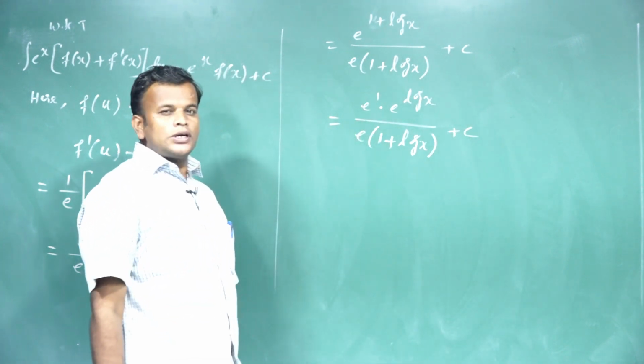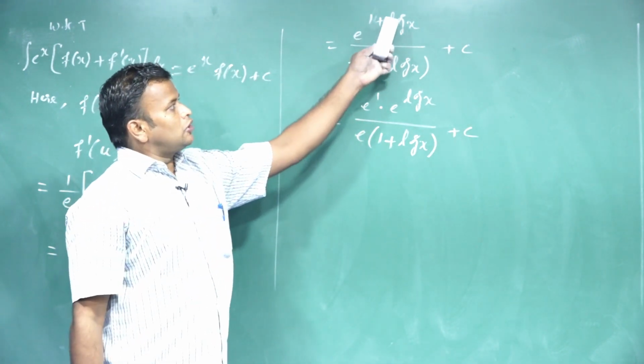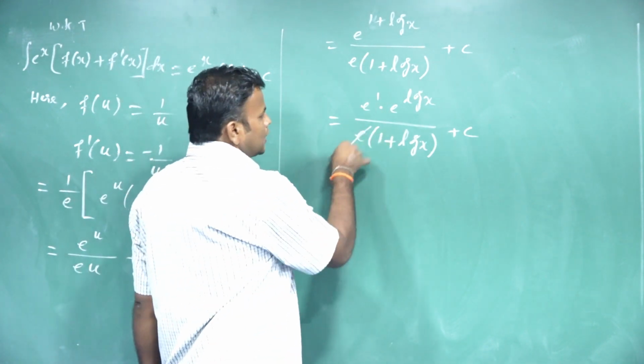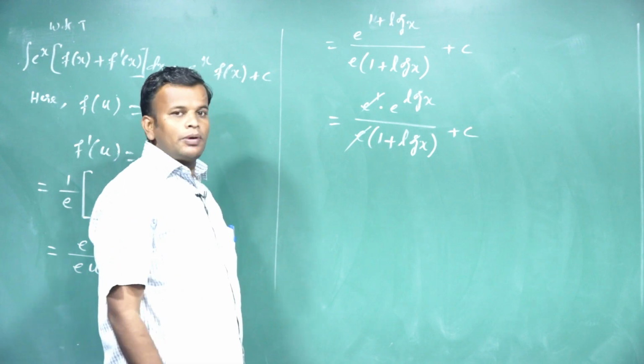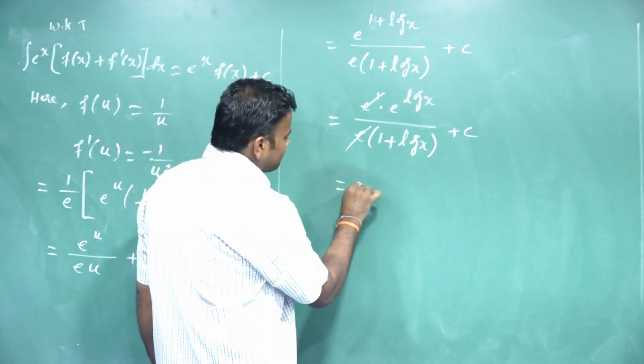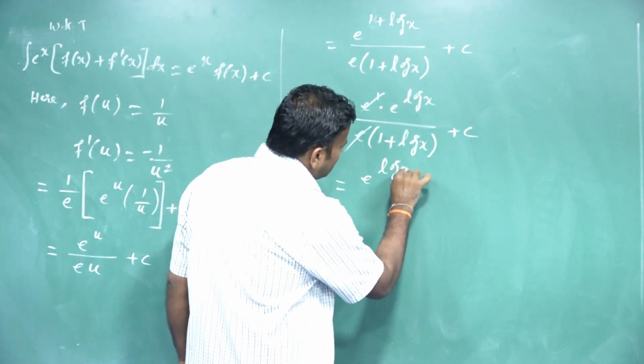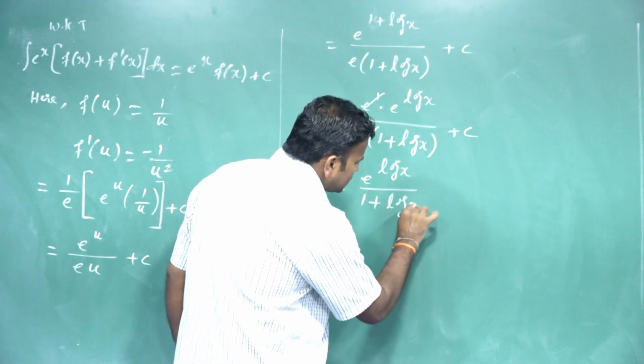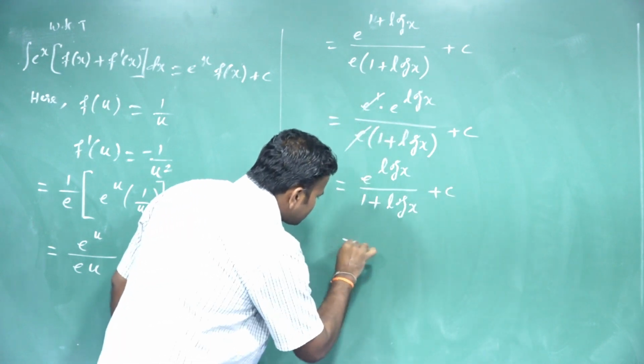What is the reason to split the numerator? Two terms become a product of two terms. Now I cancel this e, since e power 1 is nothing but e. What remains is e power log x by 1 plus log x plus c.